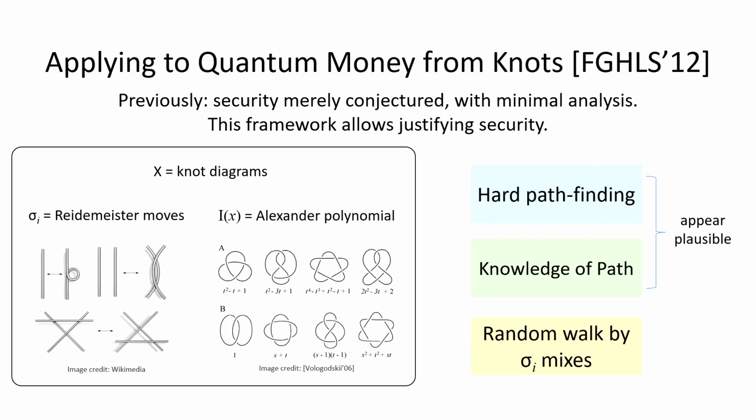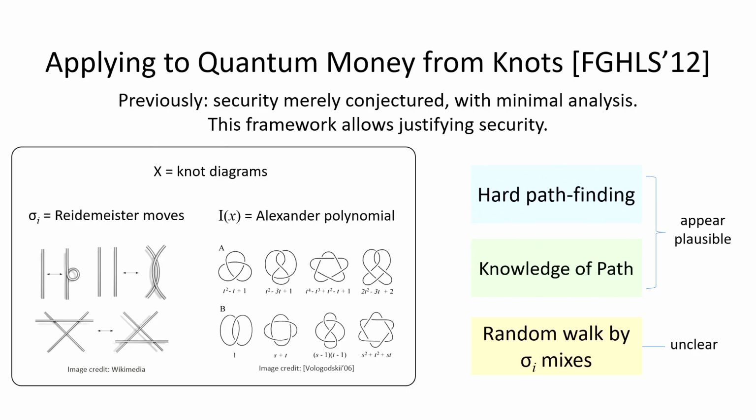And this is a known hard problem for knots. The knowledge of path assumption here is a new assumption, but it also seems plausible. On the other hand, it's unclear if the random walks mix.